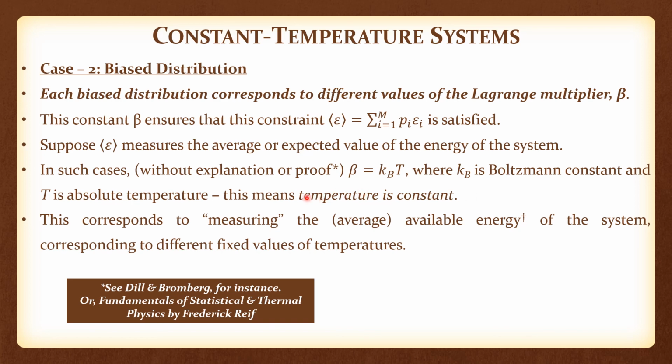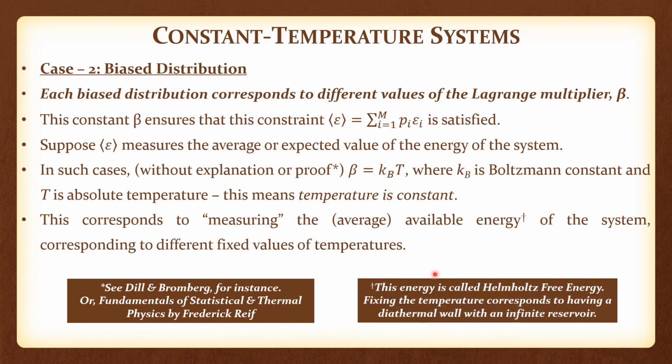Saying that when I am fixing my temperature, when I have thermal equilibrium between my system and the surroundings, it is subject to maximizing the entropy of the system and the surroundings, which are in equilibrium with each other, all right? And then corresponding to the choice of the temperature, the available energy in the system will be different, and that will be the average measured value of the energy, and that energy is called the Helmholtz free energy.